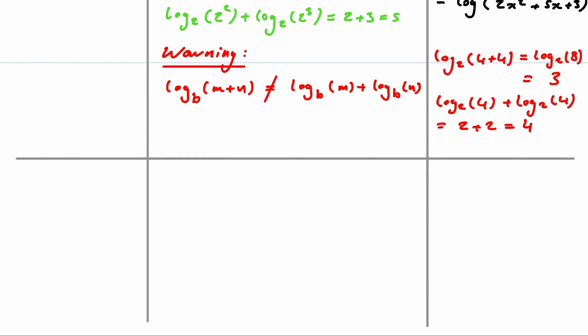Okay, so for example, b to the power a divided by b to the c is equal to b to the a minus c.